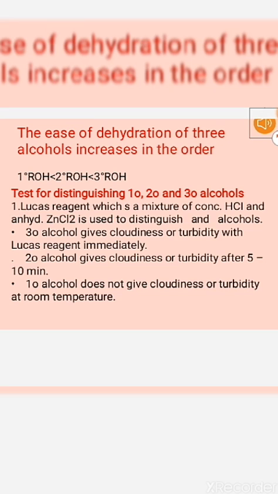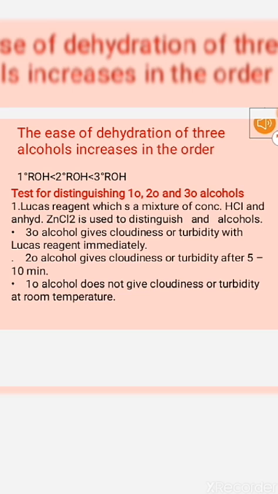Now, how will we distinguish primary, secondary and tertiary alcohols? Suppose in 3 test tubes, 3 samples are given and somebody asks you to identify which one contains primary, secondary and tertiary, so what will we do? The best distinguishing test is the Lucas test.